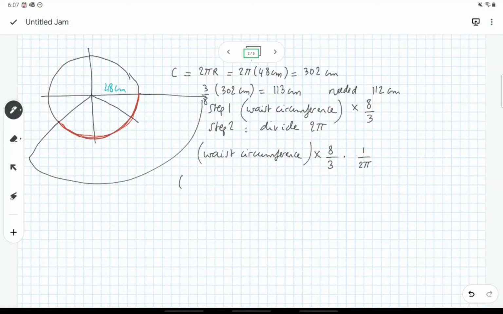So here's the bottom line. You're going to take your waist circumference, and then you're going to multiply by 4 and divide by 3 pi. 8 divided by 2 is 4.